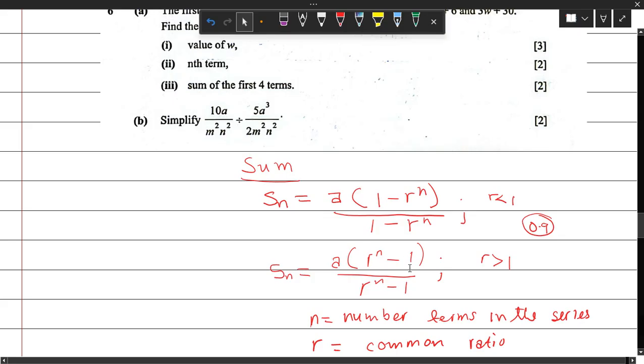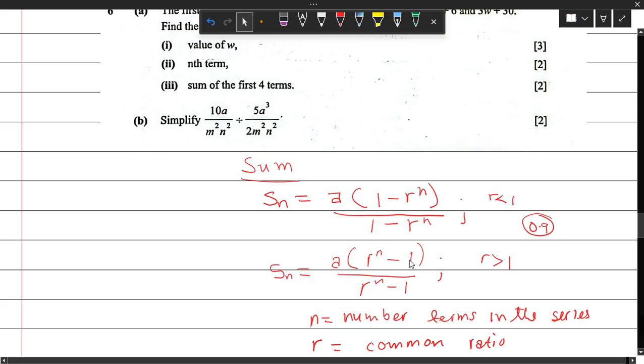But if it's 0.9, 0.8, you can't use this formula, because if you put r as 0.9 here, it won't work.